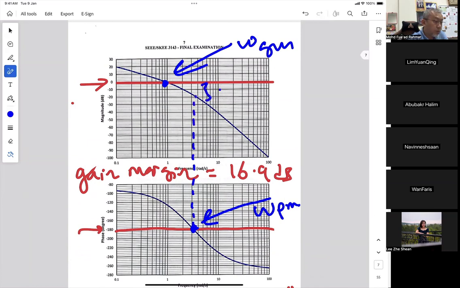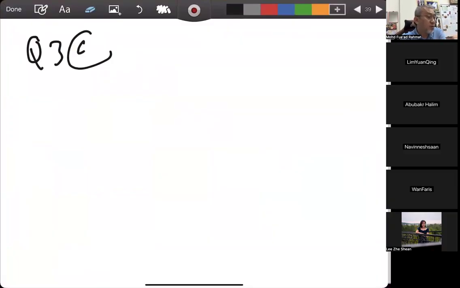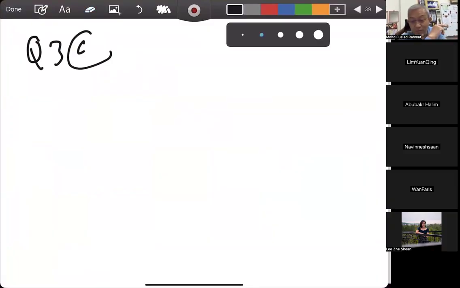So this is your gain margin. Yes, similar values. You don't print, that's why you're having difficulties. Something like this. Okay. So Q2 3C.